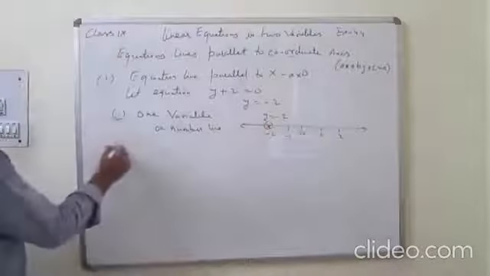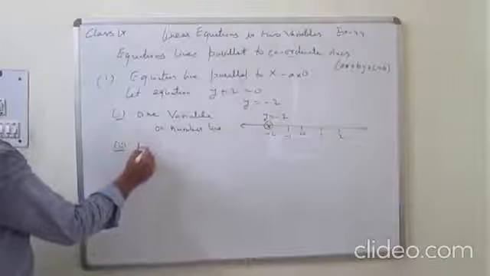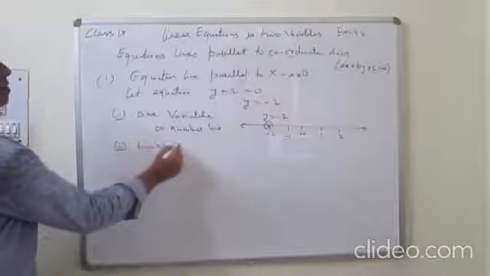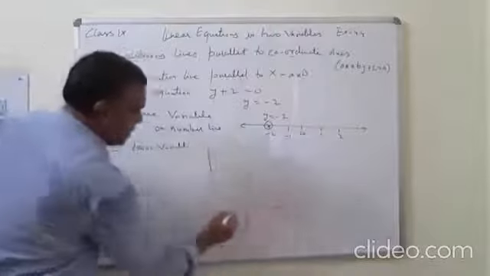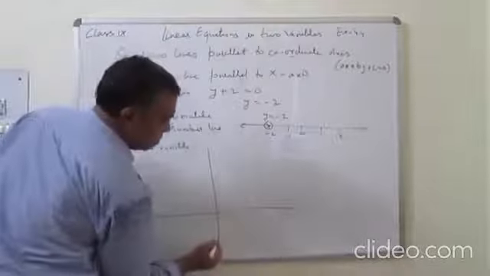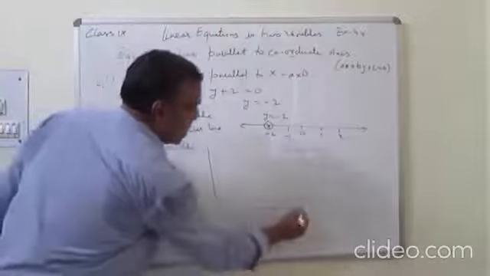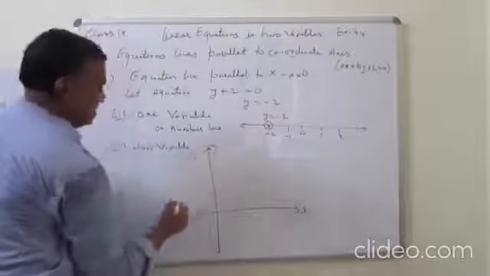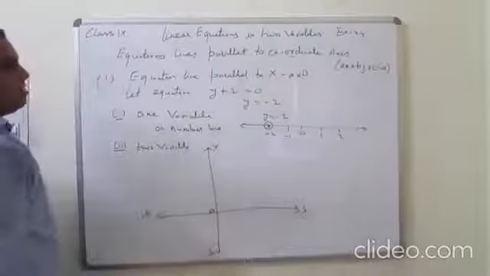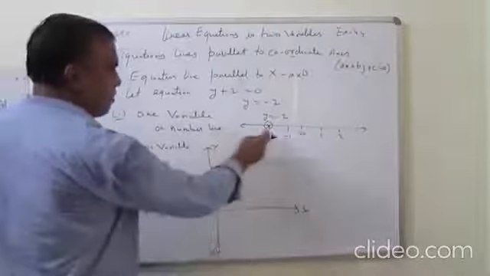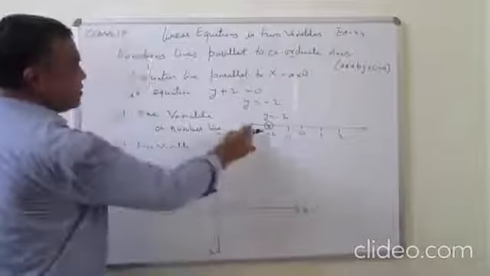Now in two variables, draw a Cartesian plane. This is the x-axis, y-axis, x dash, y dash. This is the origin. Now we have to plot y is equal to minus 2.